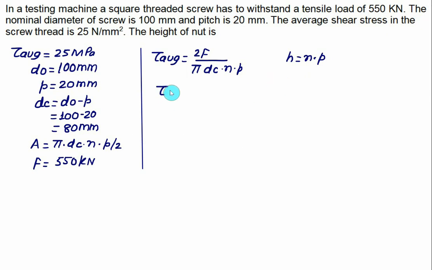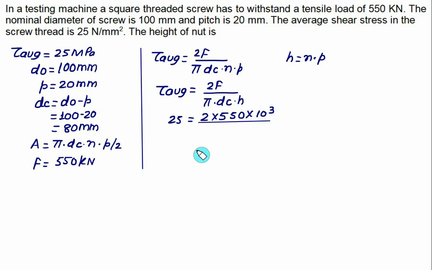So we have tau average is same as 2 times of F divided by pi into DC into H. Tau average is given as 25 megapascal is equal to 2 times of F, F is given as 550 into 10 to the power 3, divided by pi.